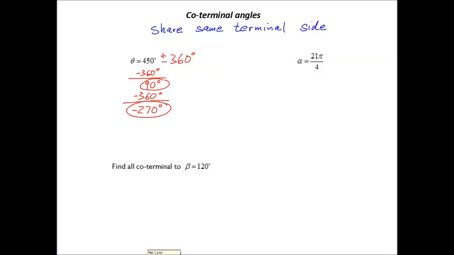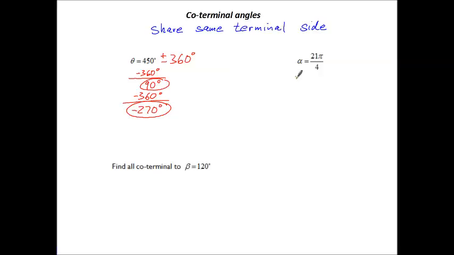The same we can of course do with an angle whose measurement is given in radians. Angle alpha has a measurement of 21 pi over 4, and we can do the same thing to find coterminal angles, but since this one is measured in radians, we're not going to add or subtract 360 degrees.